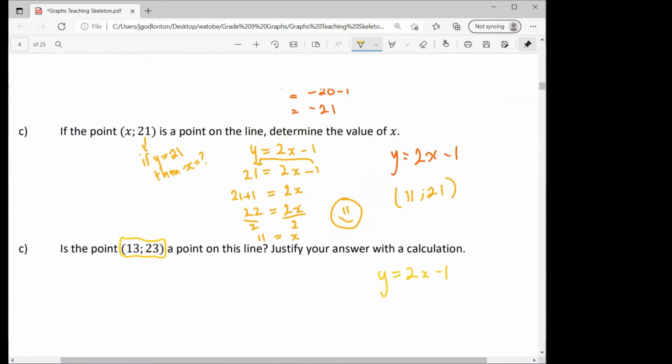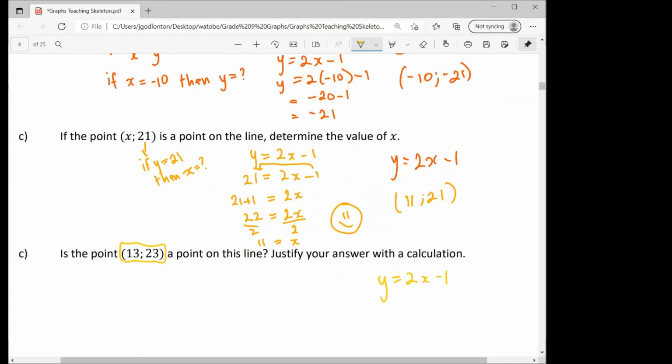Gamba just sneaking in there with a little answer. Okay, yes, you can tell me yes or no, but if you're saying no, I want you to give me the correct coordinates.